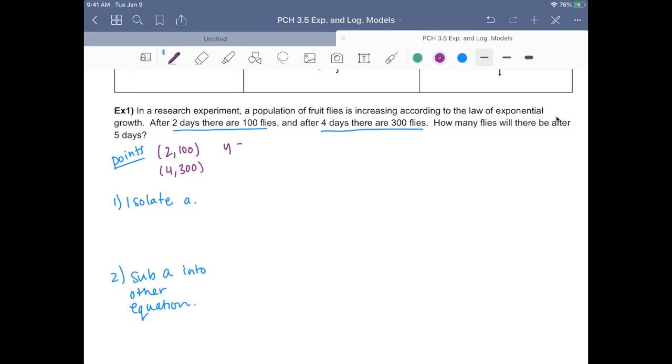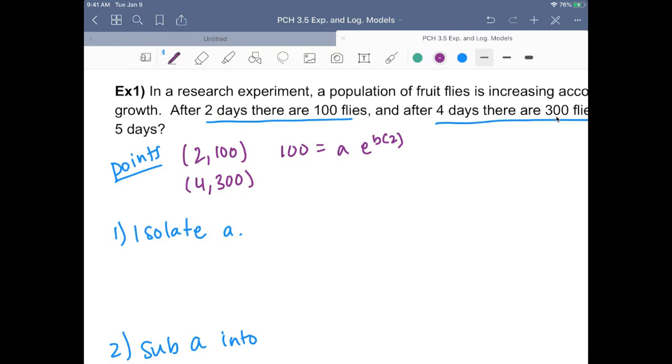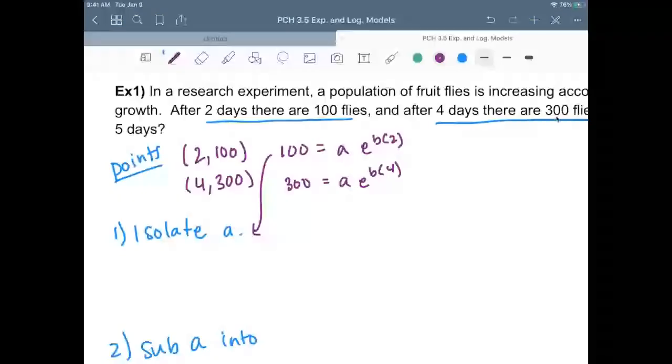So, we have 100 is equal to a times e to the b times 2, and then we have 300 is equal to a times e to the b times 4. I'm going to take the first one and isolate for a.